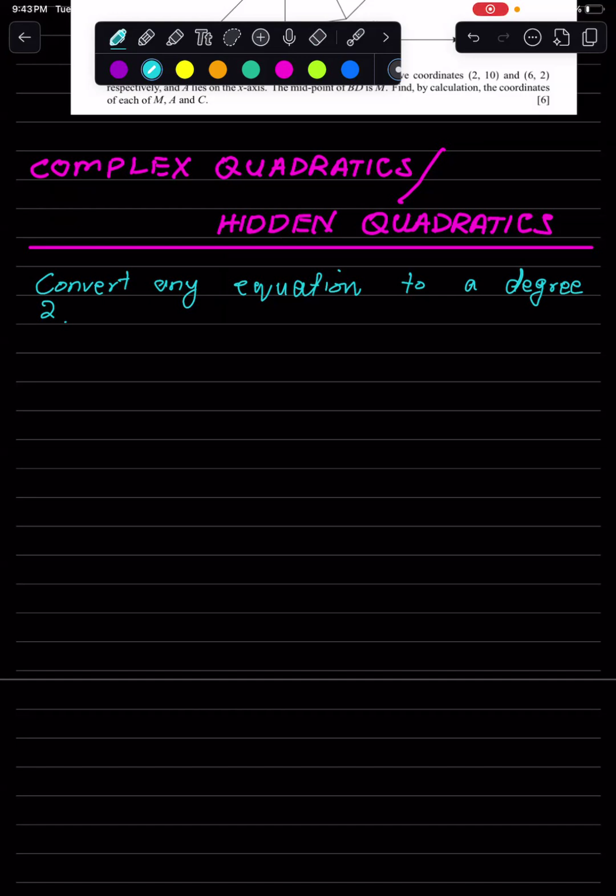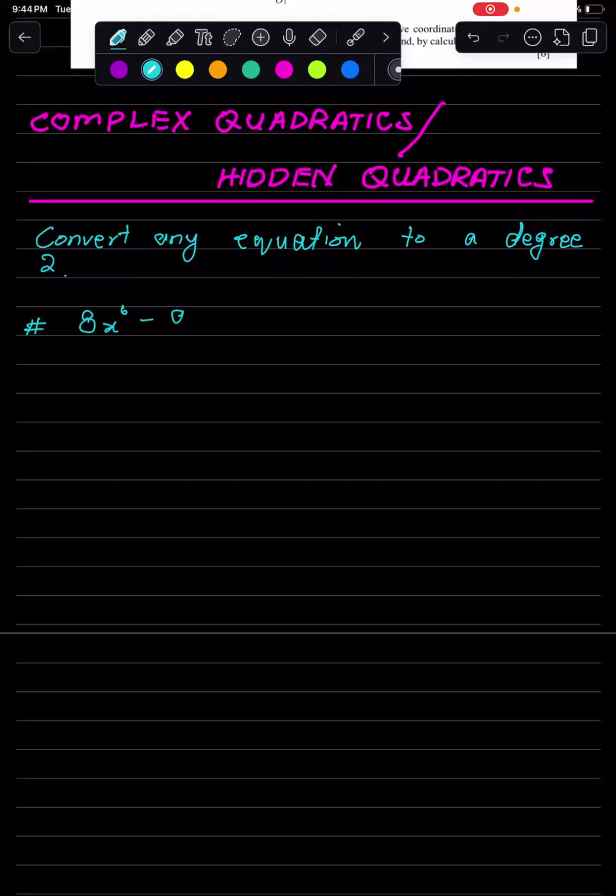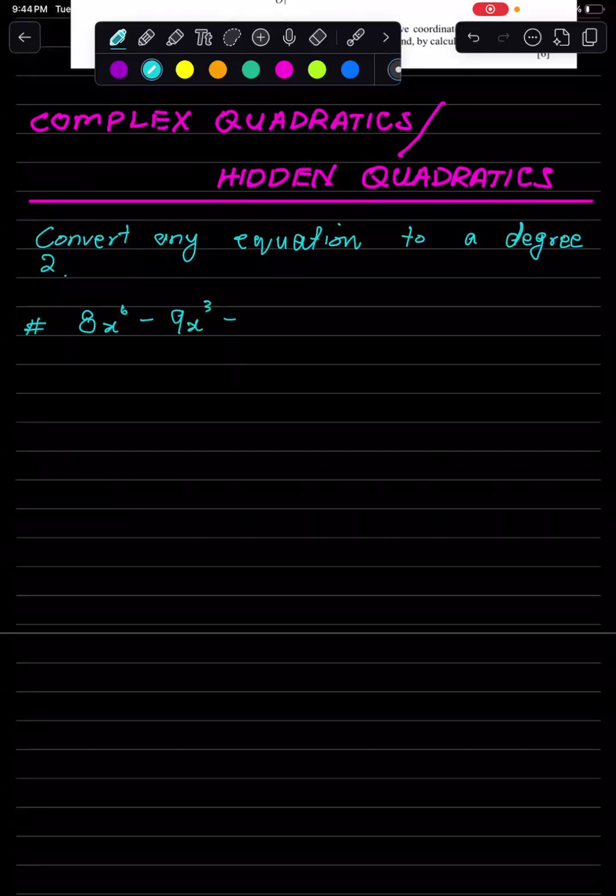I'm just going towards the examples because I guess you have already done it in the previous grades, right? Well, last year. Starting with an easy example, like 8x to the power 6 minus 9 is equal to 0.